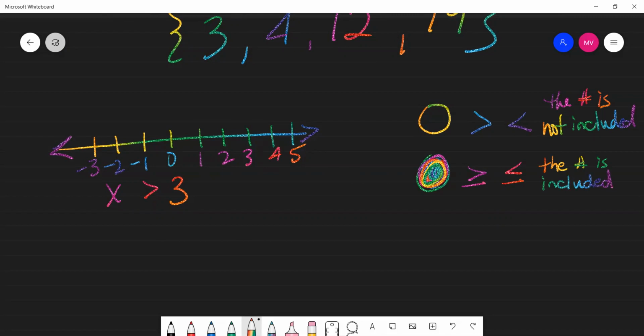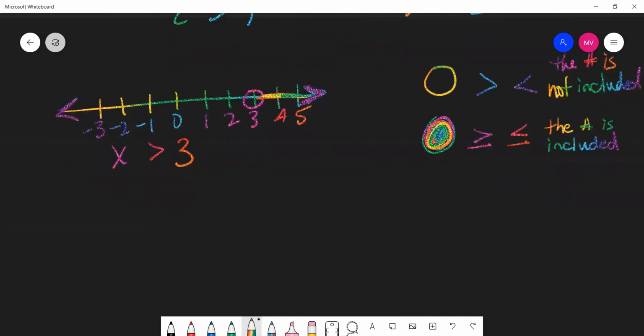So in the case of x is greater than 3, would 3 be a possible solution for x? Is 3 greater than 3? No, it's equal to. Therefore, when you put this on a number line, you would have an open circle, and then you would draw your line in the positive direction, so to the right, because 3 is not included.